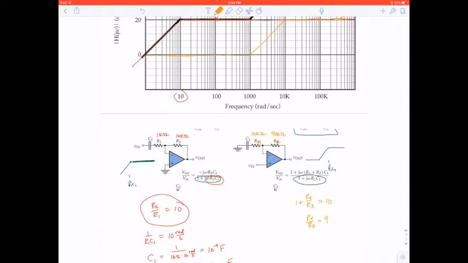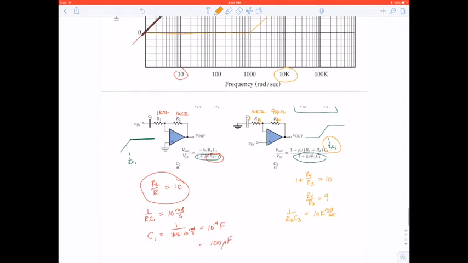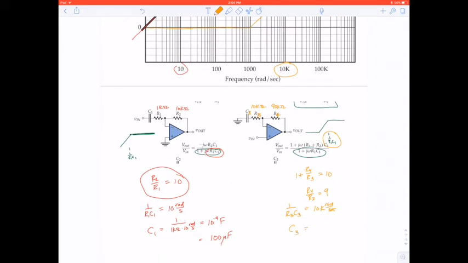And then finally, we would like our corner frequency at 10K, right there, to be 1 over, and in this case, it is R3C3. Okay, so we'd like 1 over R3C3 to be equal to 10 kiloradians per second. And so C3 should be equal to 1 over, and we've chosen R3 to be 10 kilo ohms.